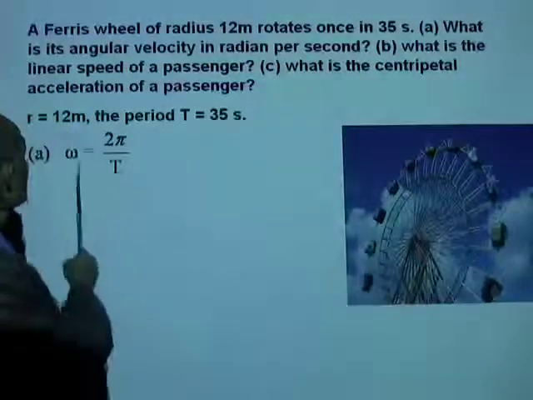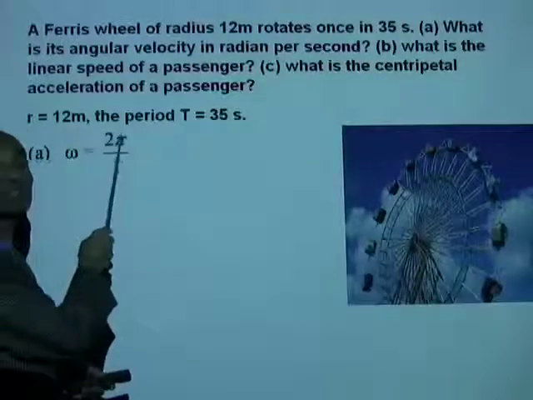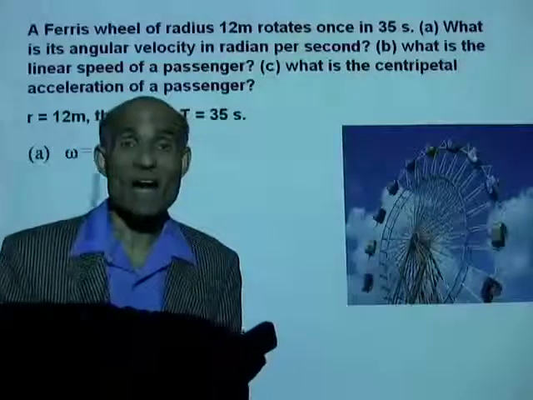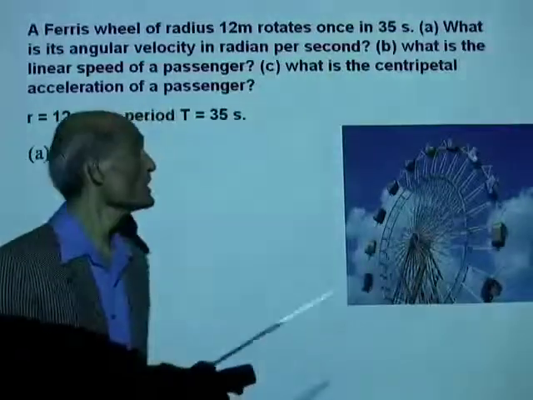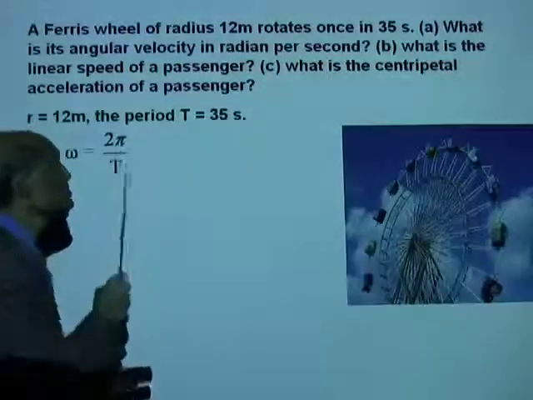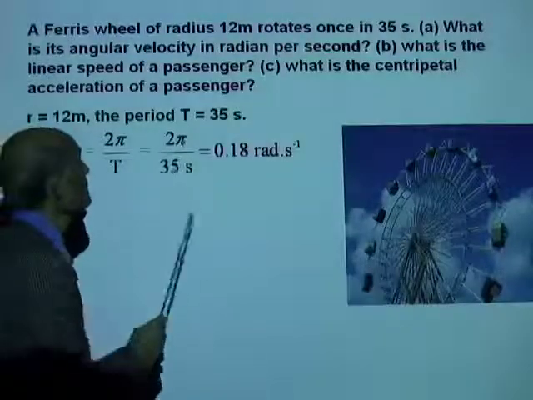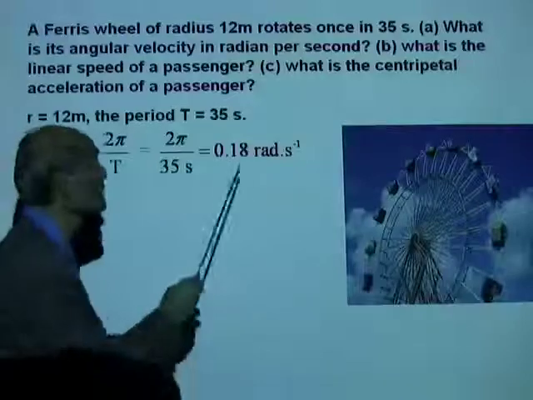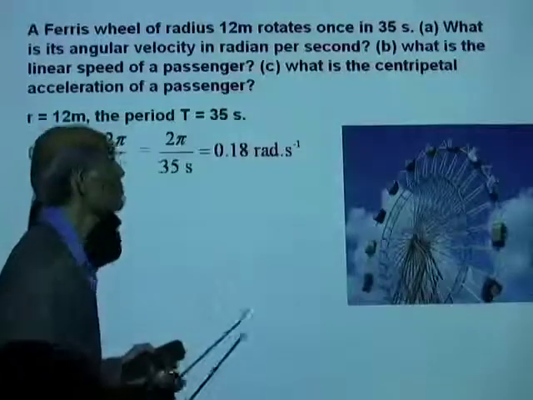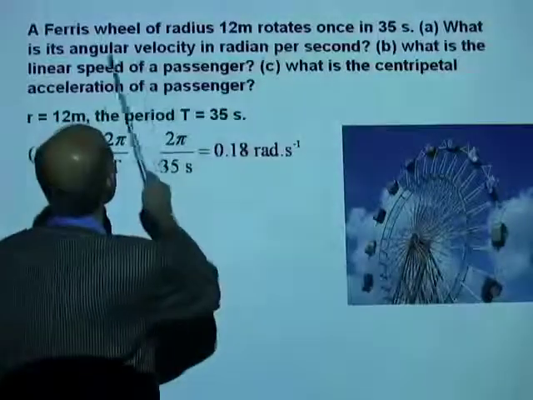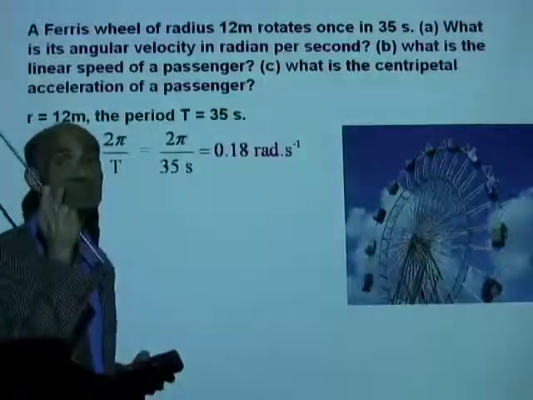Well, you know that omega equals 2 pi divided by the period. Now look at that equation, how handy that is. The angular velocity is 2 pi divided by the period. That is 2 pi divided by 35 seconds, which is 0.18 radian per second. So you can see the first part is so simple.